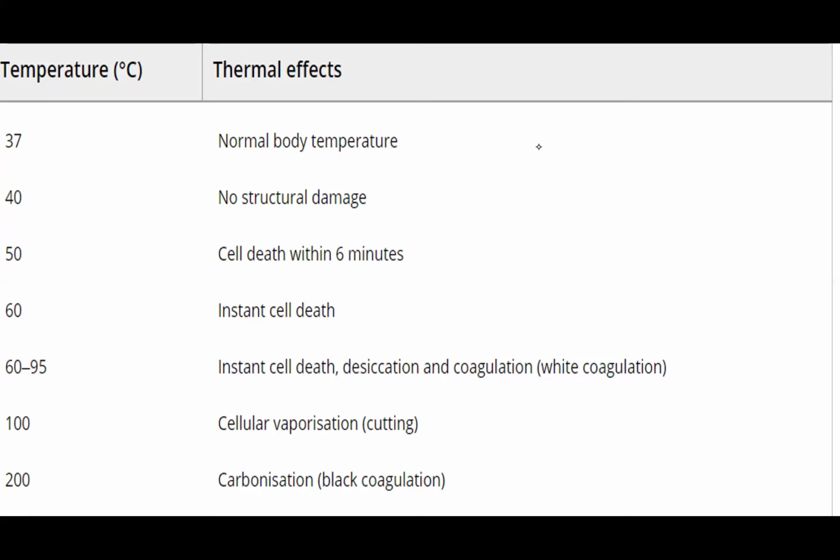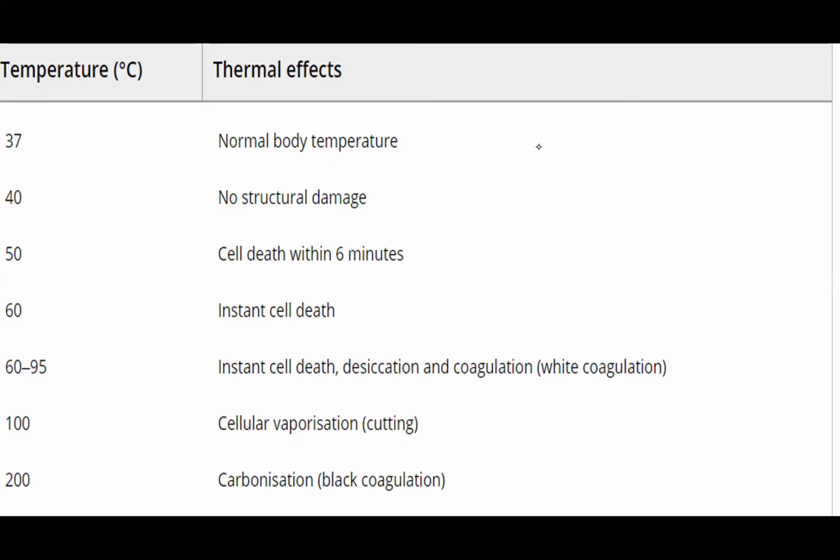When it is up to 50 degrees Celsius, there is cell death within 6 minutes. When it is 60 to 95 degrees Celsius, instant cell death, desiccation, and coagulation.